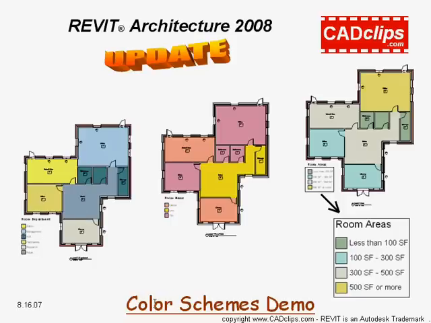So each color scheme is defined now in 2008, and then you apply the color scheme to a duplicated view, and it just automatically gets filled in, because each color scheme knows, for example, that less than 100 square feet makes it green, 100 to 300 we set this up, and when you apply that to the view it automatically takes on those colors.